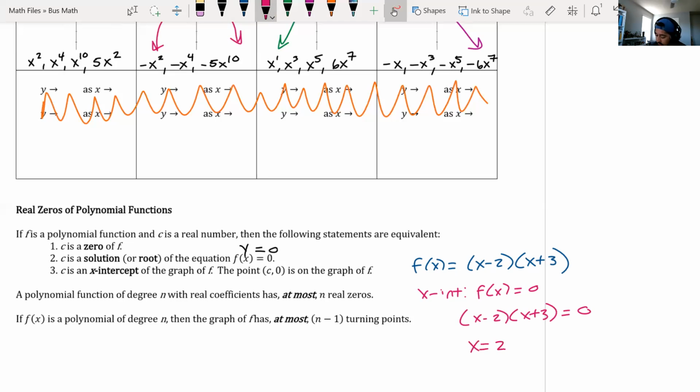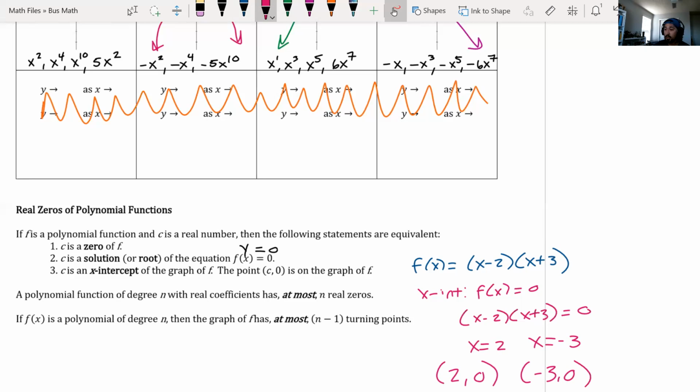Here you would get x equals 2 and x equals negative 3. This means that we have found the zeros of the function, we have found the roots of the function, and as well, we have found the x-intercepts of the function. The intercepts would be labeled (2, 0) and (-3, 0). So by definition, x-intercepts, roots, and zeros all mean the same thing.